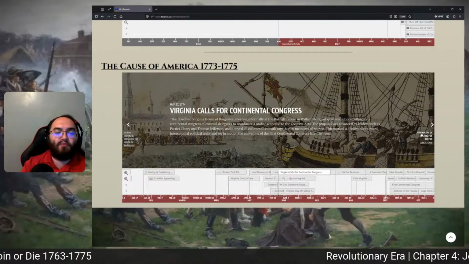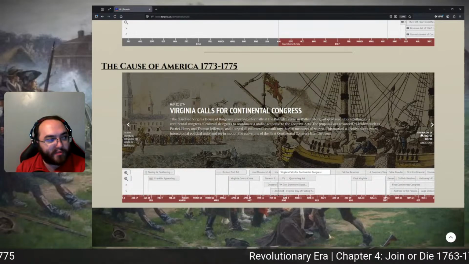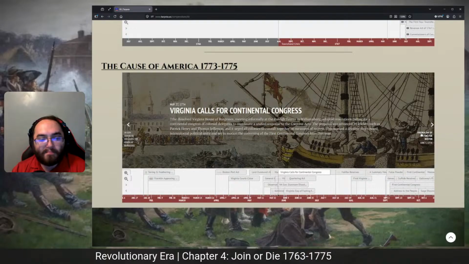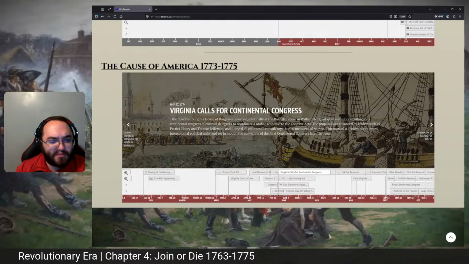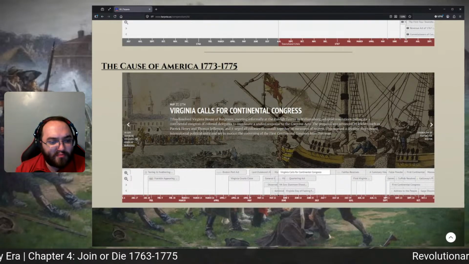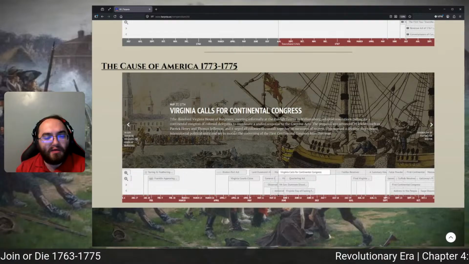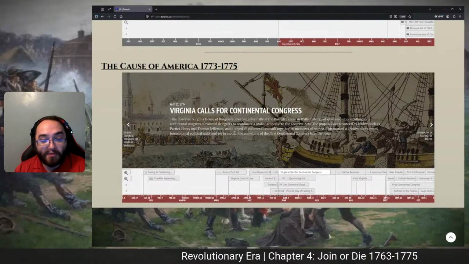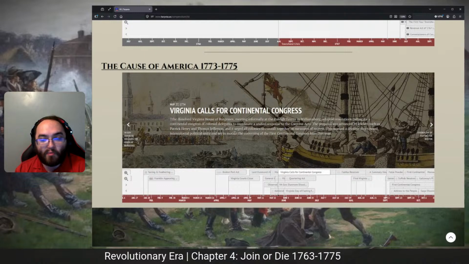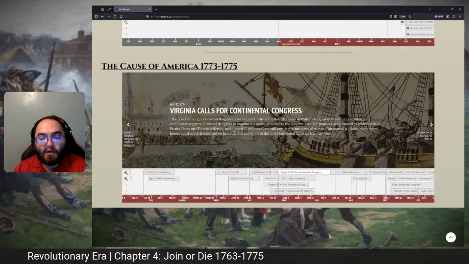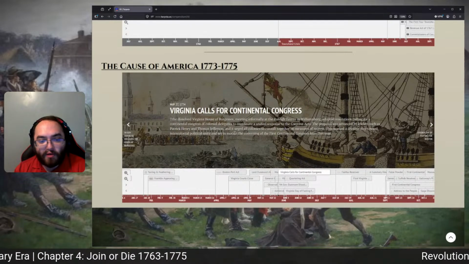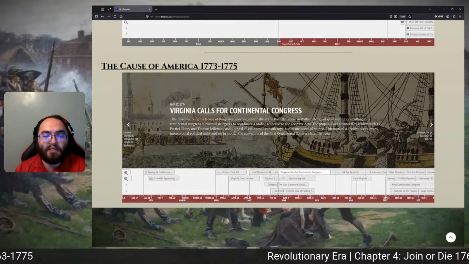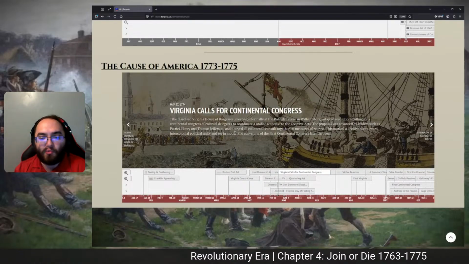Virginia calls for the Continental Congress. Another typo, geez. It's supposed to be with one T, not two. So the dissolved Virginia House of Burgesses, meeting informally at the Raleigh Tavern in Williamsburg, adopted resolutions calling for a Continental Congress of colonial delegates to coordinate a unified response to the Coercive Acts.